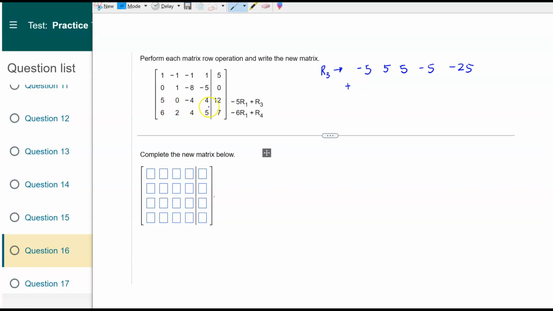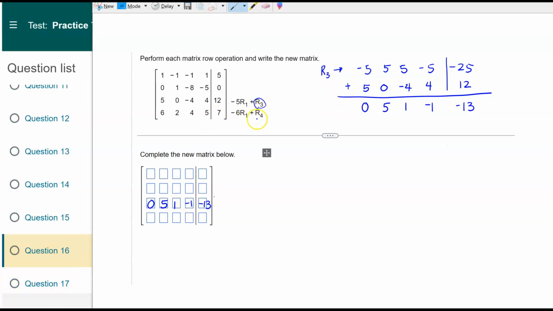This is row 3. So you have 5, 0, -4, 4, 12. So add them. 0, 5, 1, -1, and then that's -13. This would be the new row for 3. So row 3 will be 0, 5, 1, -1, -13.